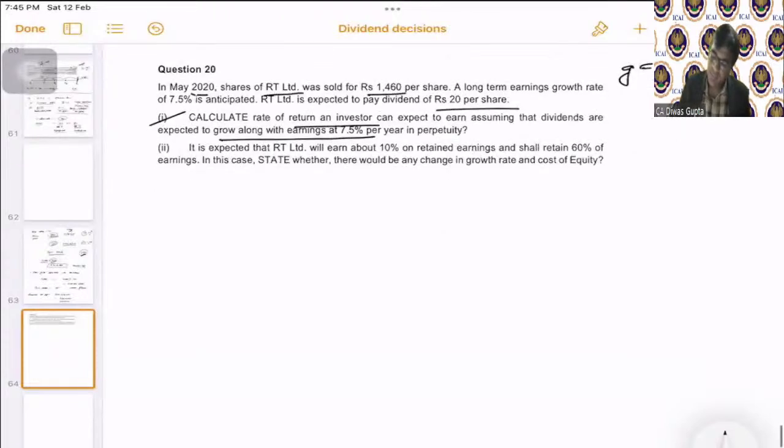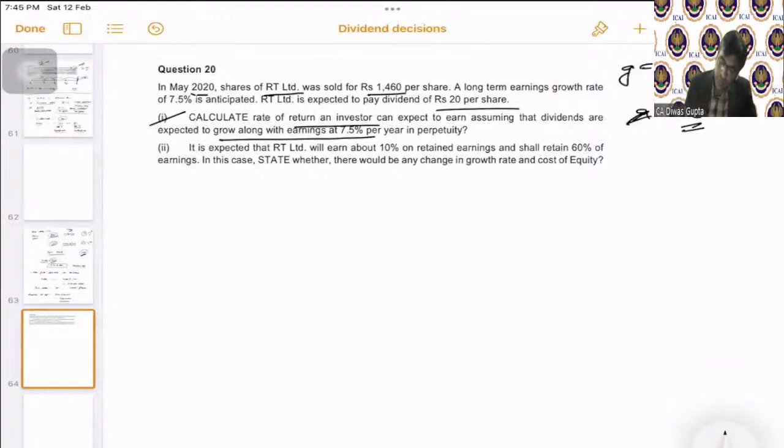So students, it is asking us to calculate the KE. Right, students? It is asking us to calculate the KE.